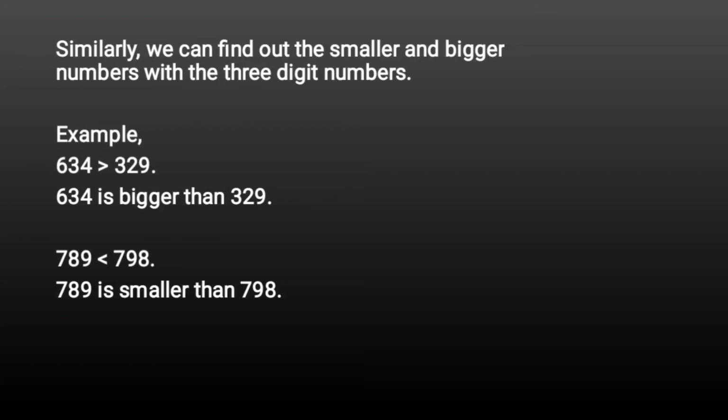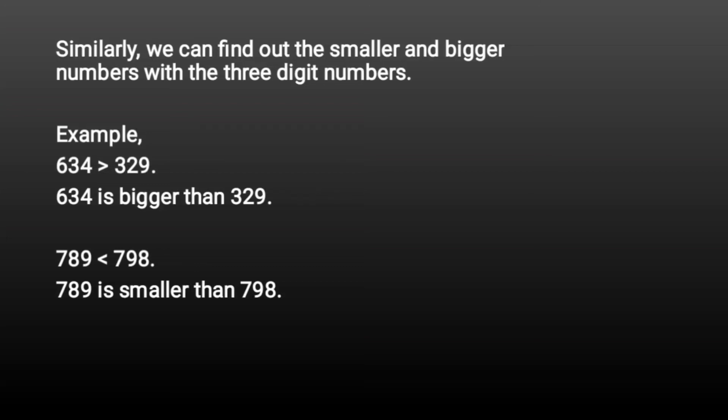Whereas coming down to the second question, the first digits in the hundreds place are both 7. That means they are equal. Now we jump on to the second digit, to find out which number is bigger.